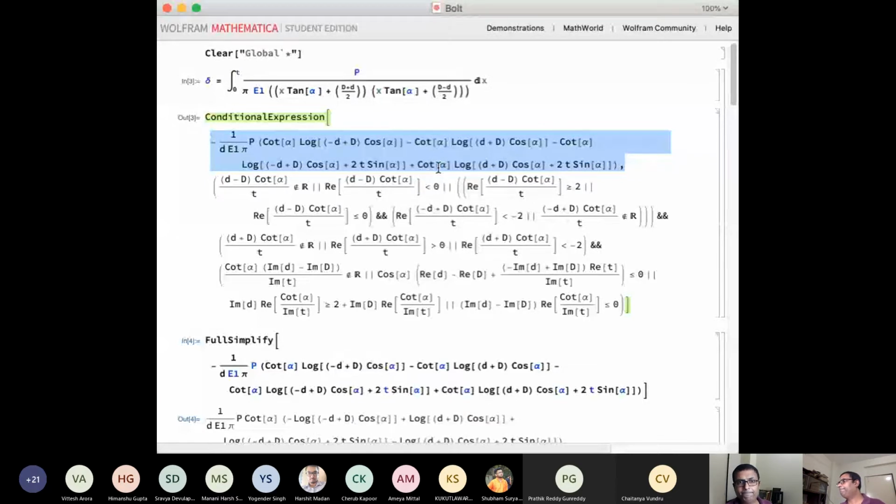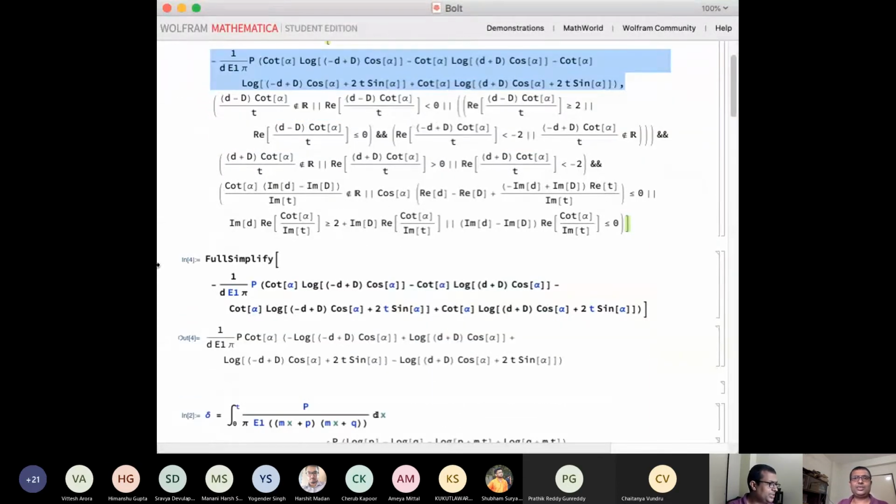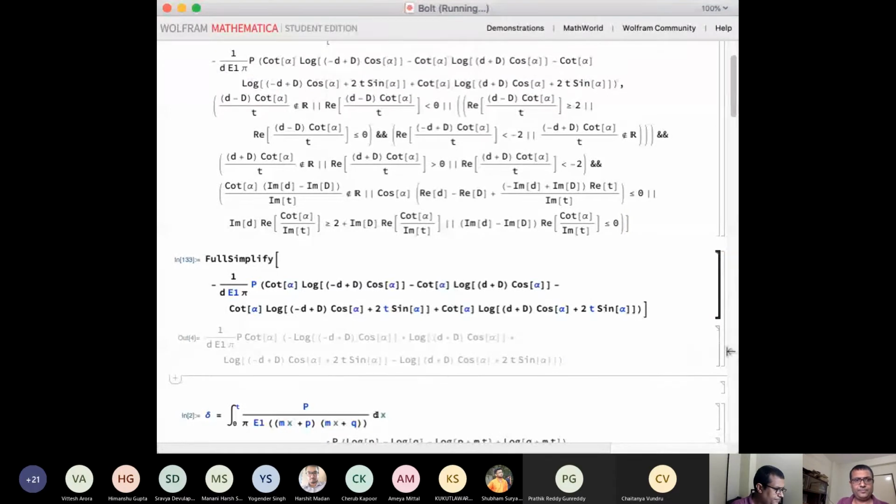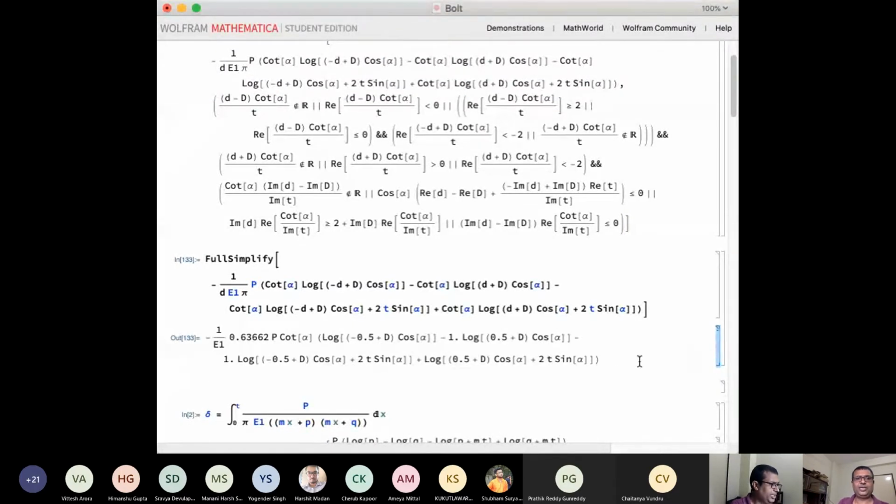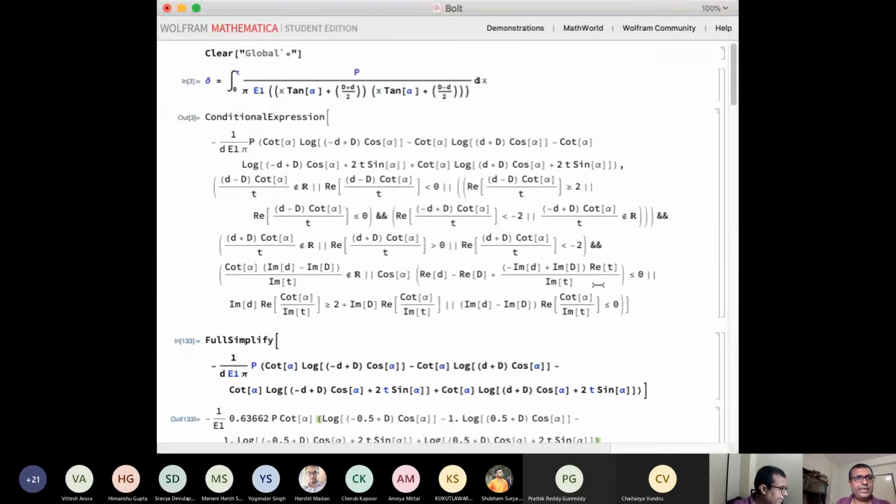Okay. Now, I still don't like it. So what I will do is, I will ask it to do full simplify. See, it simplifies. Oh, sorry.